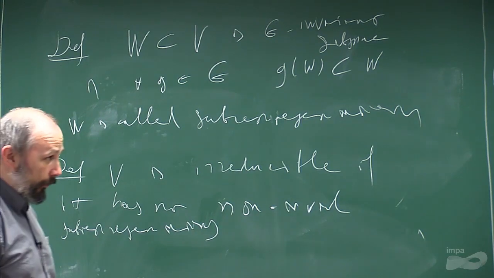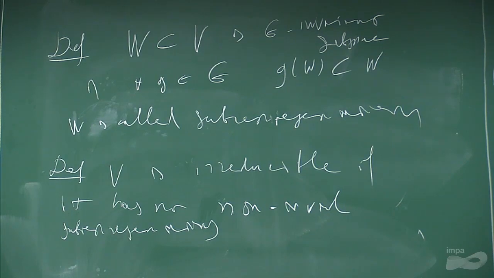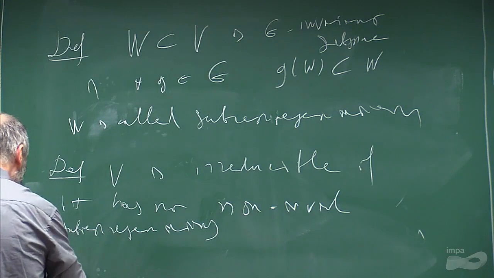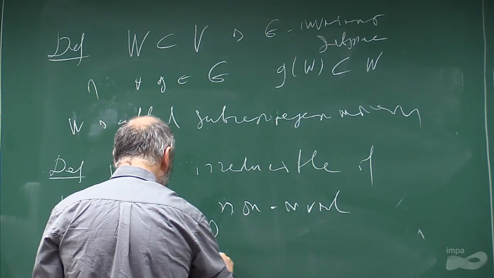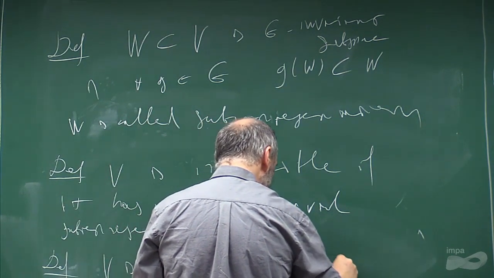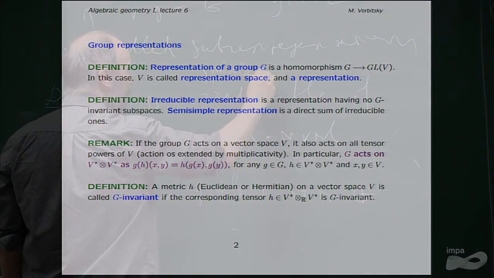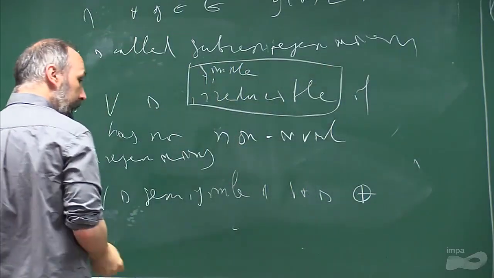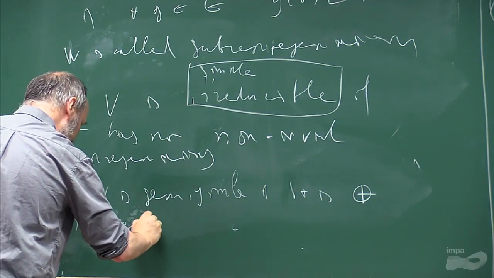I'm not going to use or explain this. What I'm going to do is just to show that a representation V is semi-simple if it is a direct sum of simple representations, or irreducible. Irreducible is the same as simple. Direct sum of irreducible representations.